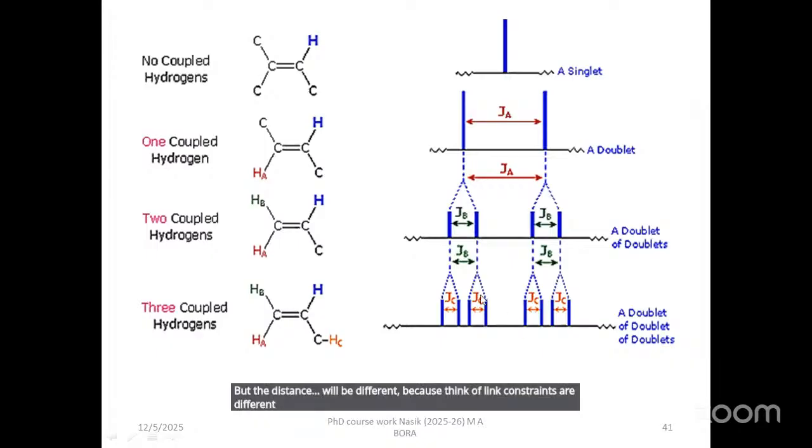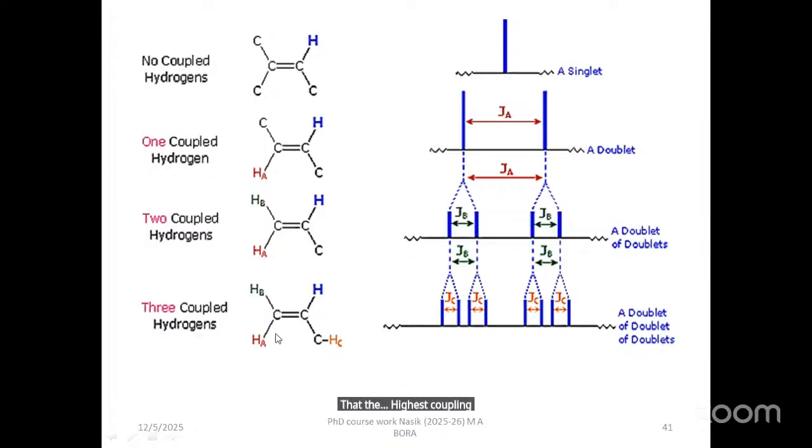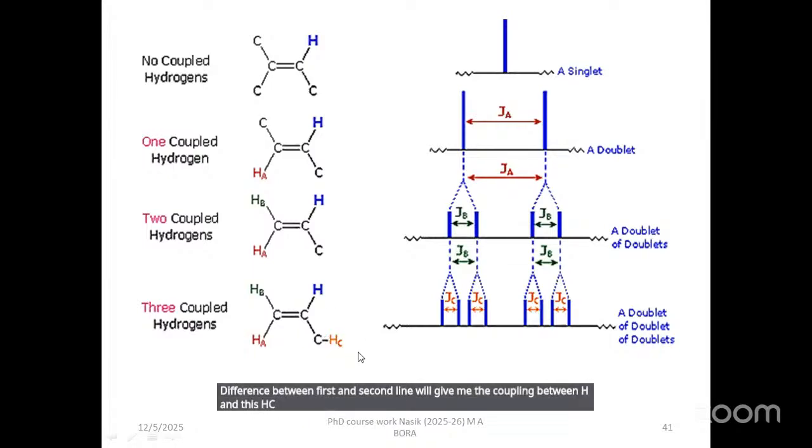What you will find is that the highest coupling will be between A and H, so the highest distance. If I want to find the coupling constant, the difference between the first and second line will give me the coupling between H and HC, that is the vicinal coupling.